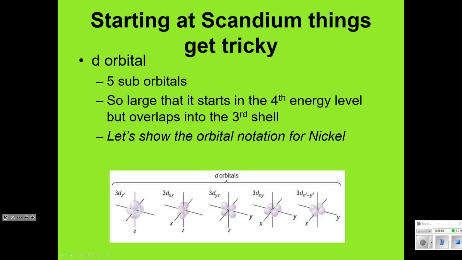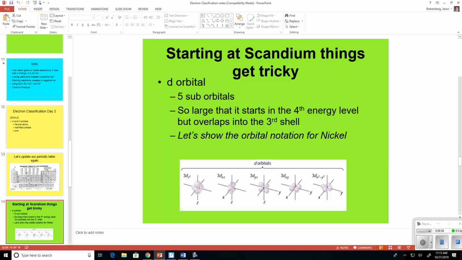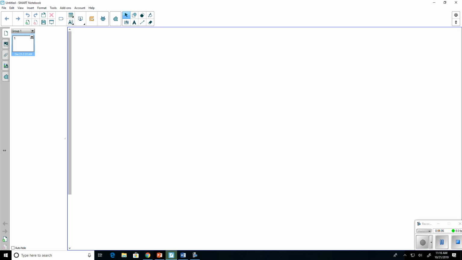Okay, so what I'm going to do right now is the orbital notation for nickel. Remember, orbital notation is the up and down arrows. Every element starts the same way. Innermost shell is the 1s.